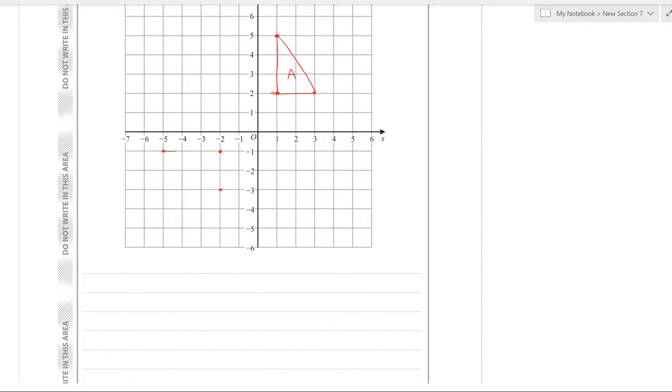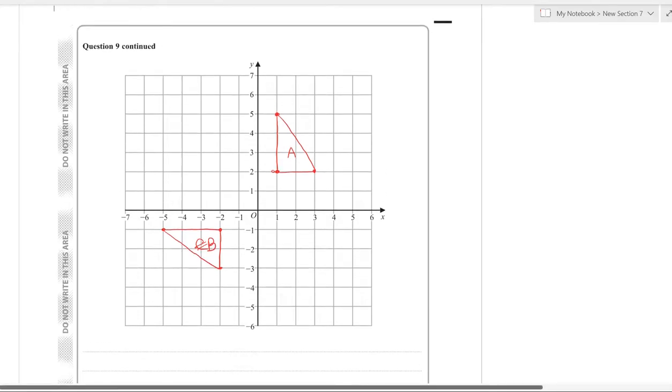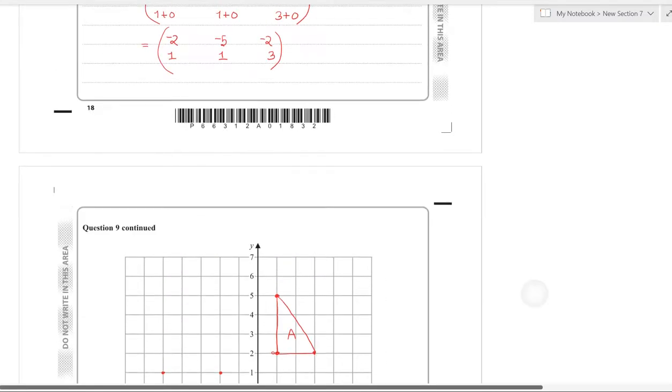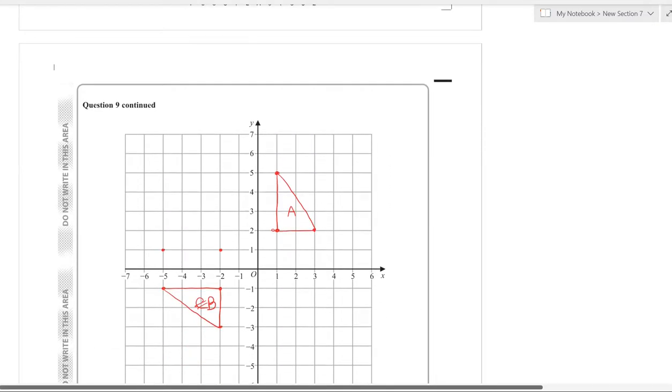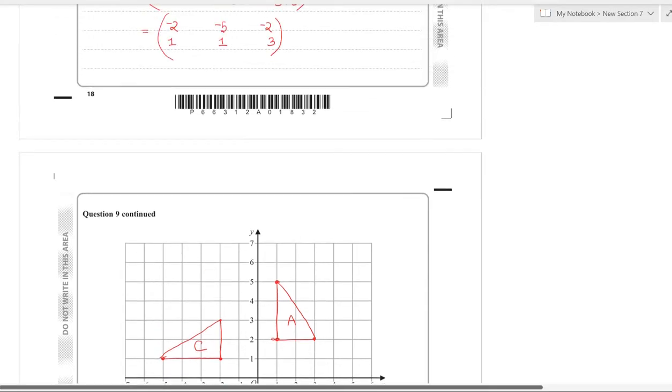So this should be triangle B. And triangle C should be -2, +1, -5, +1 and -2, +3. So this is triangle C.